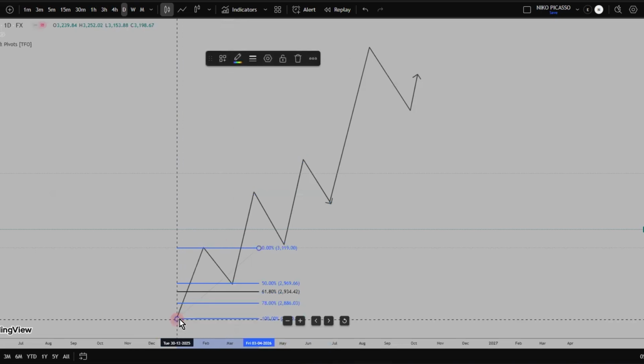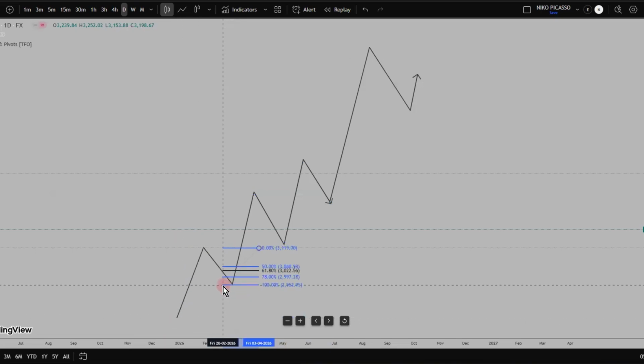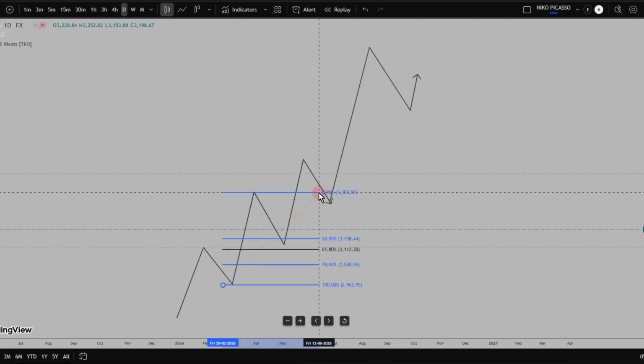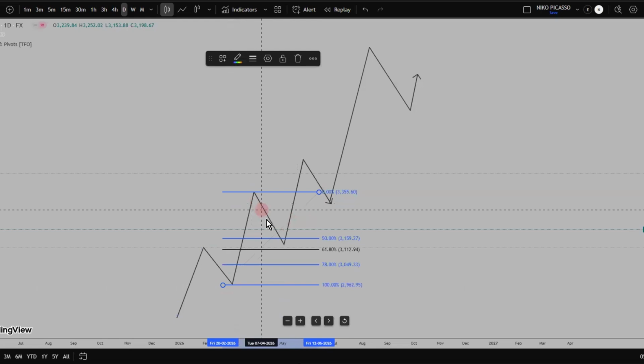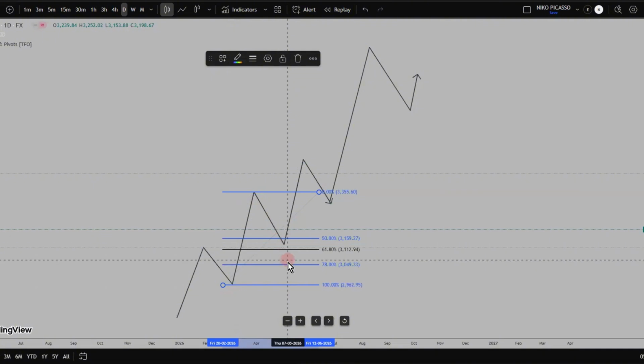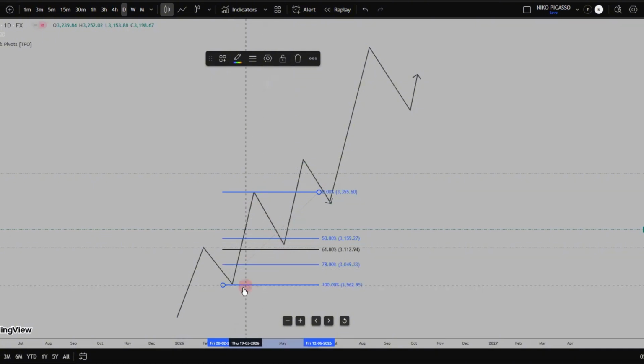So it's going to become your new 100 level, and then you're going to adjust your zero level to the next highest point before the return towards the 50%, so that you can always get these three key levels in line with the real pullback and the real trend and the real higher low, and vice versa in the opposite direction.